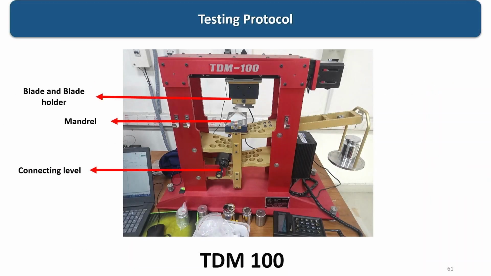Now, this is the system test protocol instrument, you can see where the blade and blade holder are. This is the blade and blade holder. Here is a mandrel, and there is a connecting lever where we can apply a certain load.